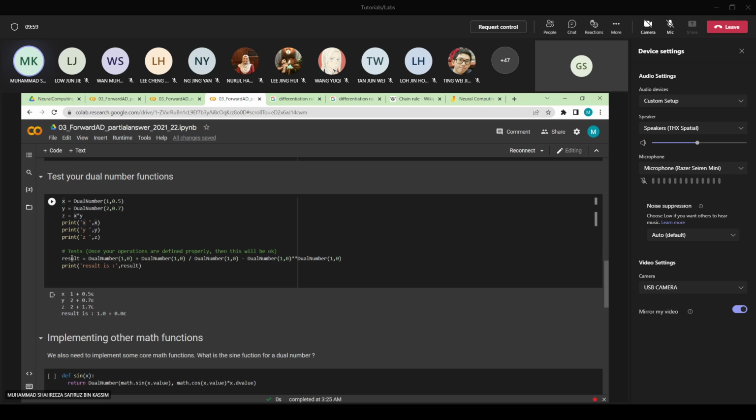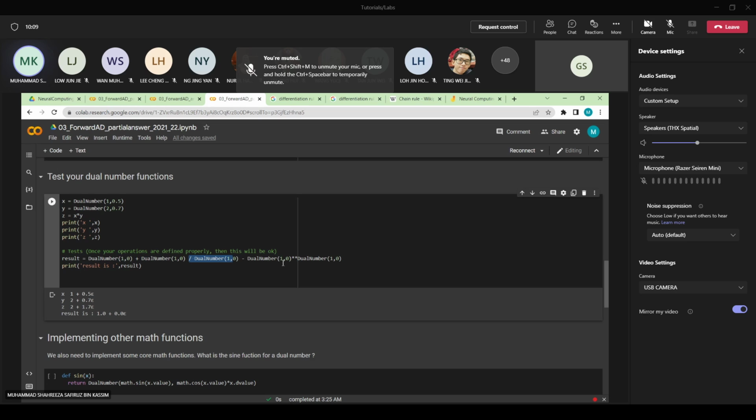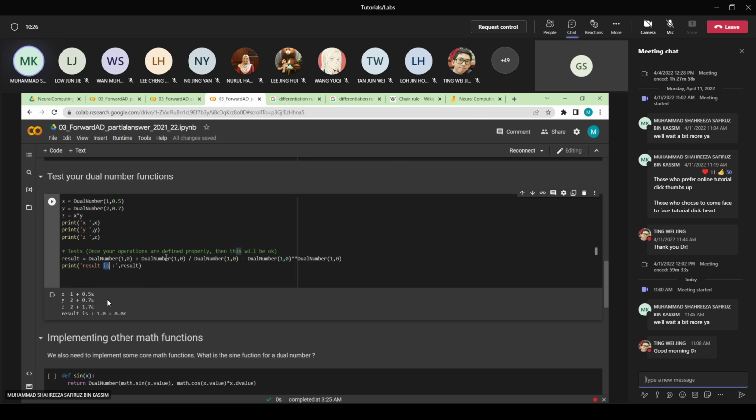When you test this statement, you have the addition operation, the division operation over here, and also the exponential methods. Then these methods will be okay. Your result will be something like this: 1.0 plus 0.0 epsilon, because you have set all your derivatives to be 0.